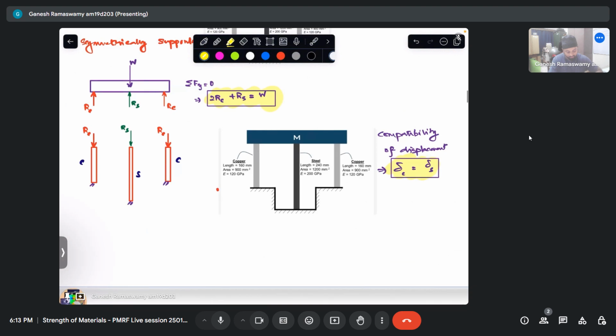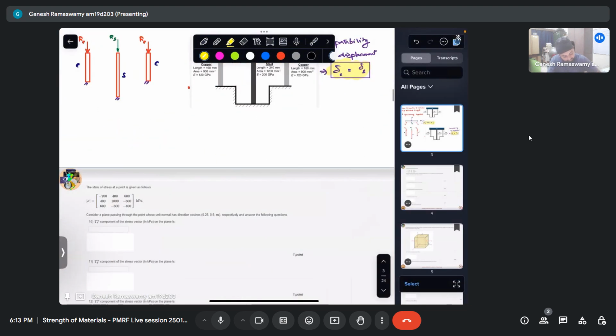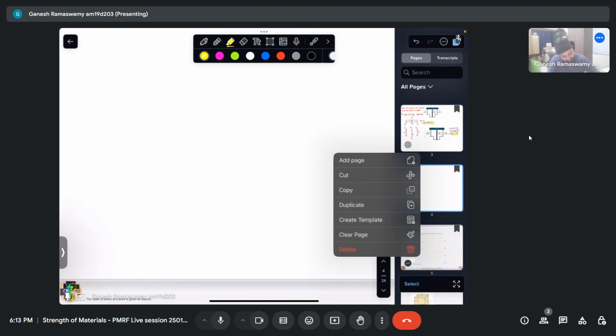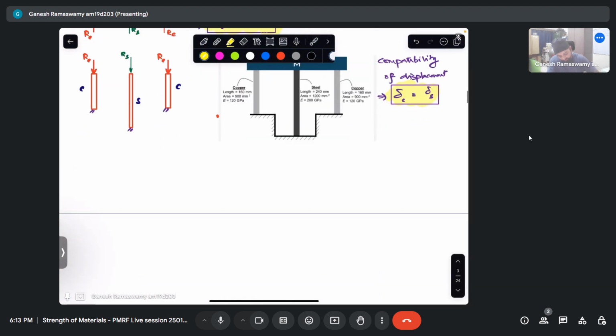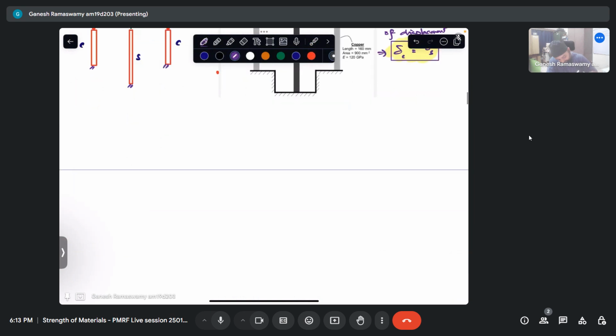All right. Now, what do we know about this change of length? I know that this is the force being applied. So therefore, delta C is nothing but RC LC by AC EC.